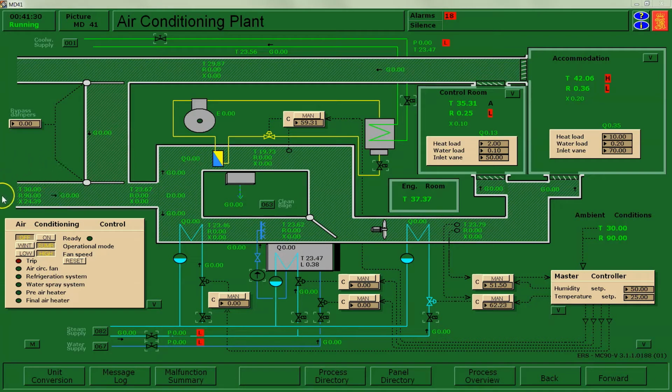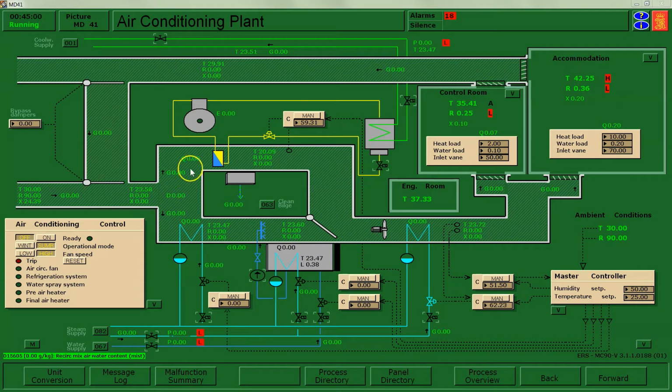So we have air that is brought in over here. Right now I'm simulating summertime conditions, so 30-degree temperature, 90% relative humidity. And it's going to cycle through and it gets to this portion where it has two different operating modes.